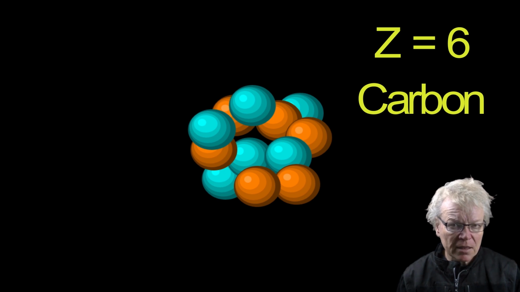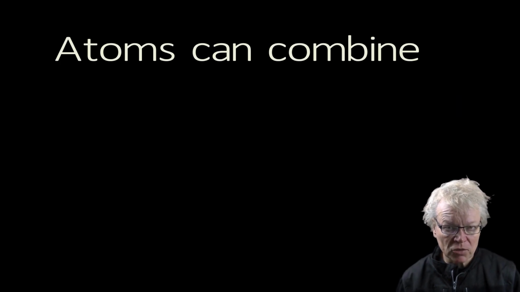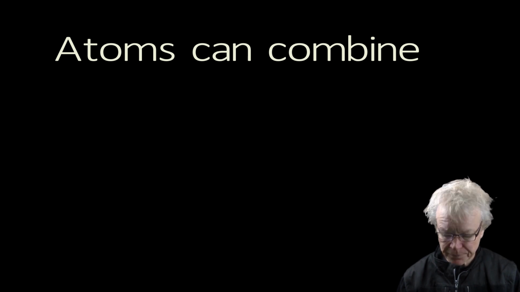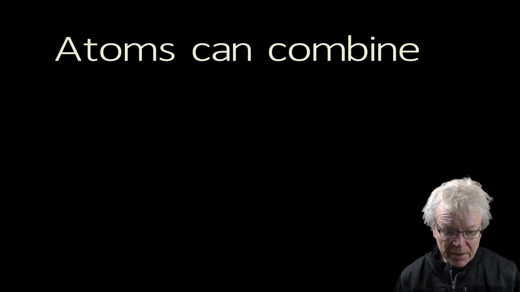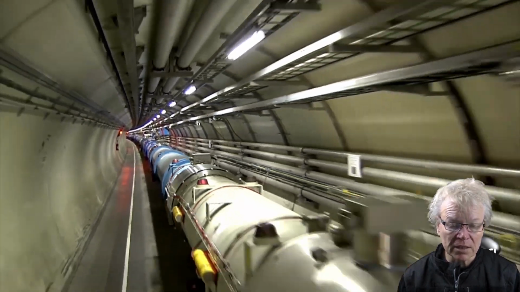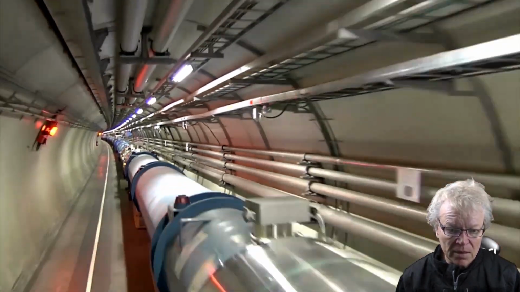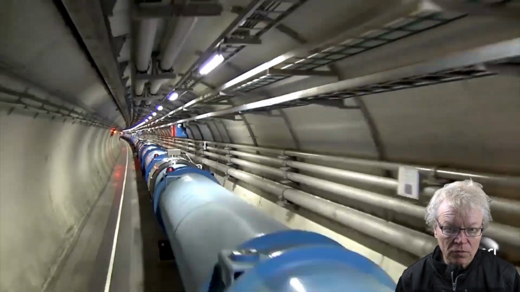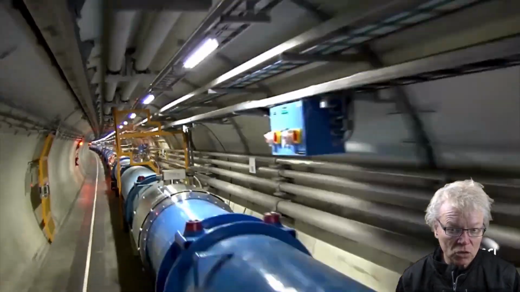Now, one of the key things to understand about chemistry, and certainly at the atomic level, is that atoms can combine. Now, they can combine in these extraordinarily large facilities. This one is on the border of Switzerland and France.